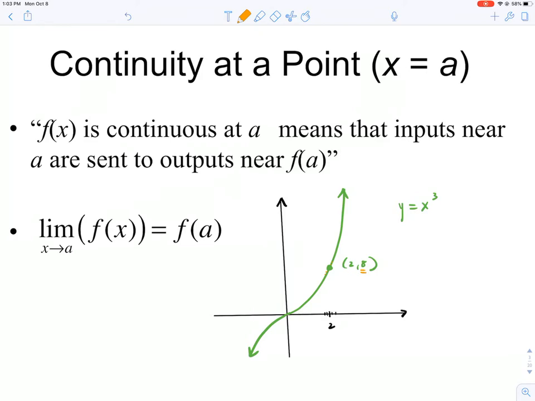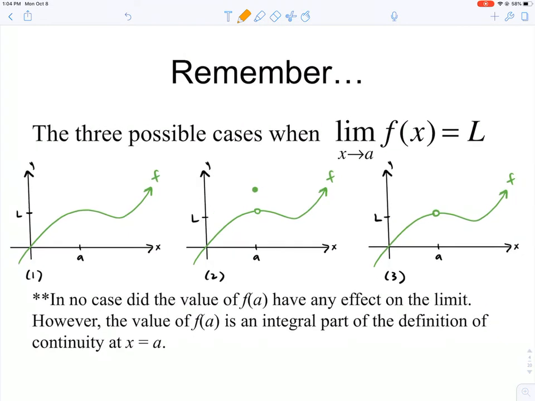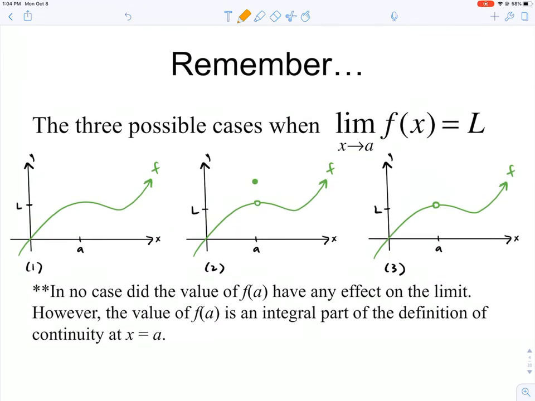So a function will be continuous at an x value, so at a point, if when you take the limit as x approaches that value, so in this case, as x approaches a for our definition, the limit is equal to the function evaluated at a. So remember these 3 cases of when a limit exists, okay?